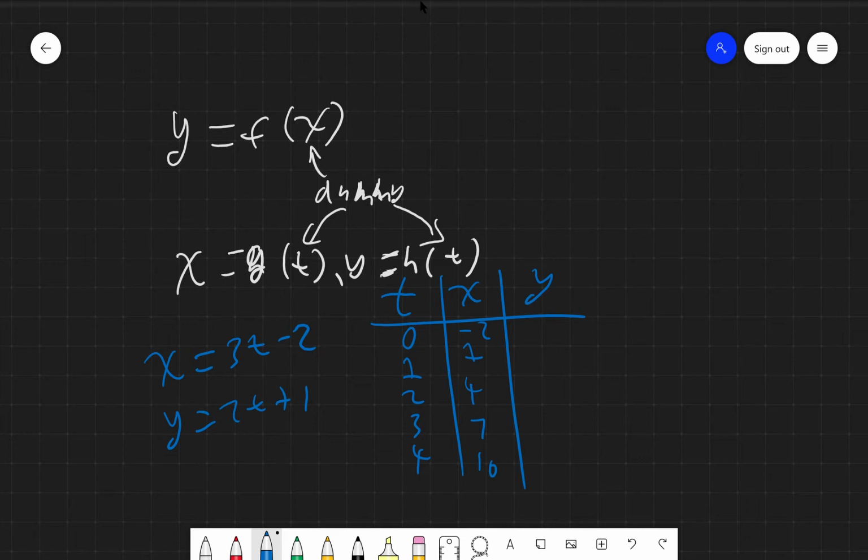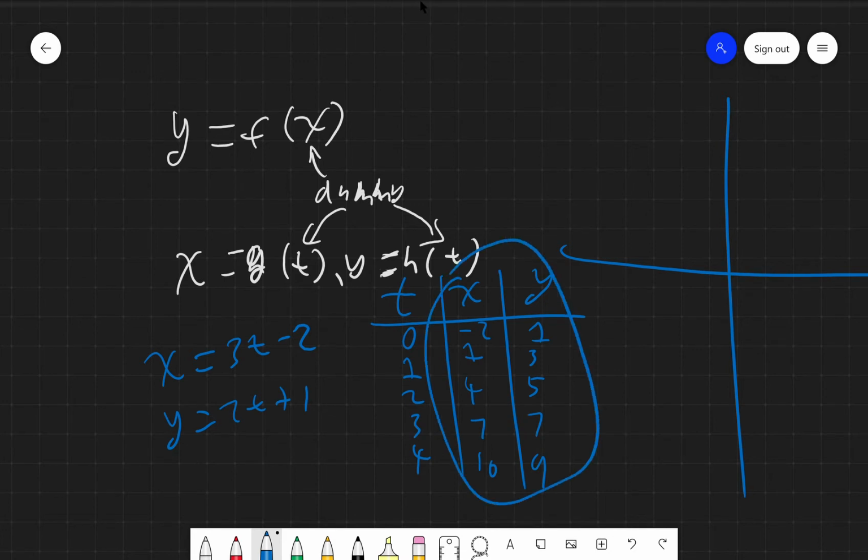Now what happens with y? We get 1, 3, 5, 7, and then 9. So now let's graph it. Now we only look at this as a graph. I can use this thing behind me.